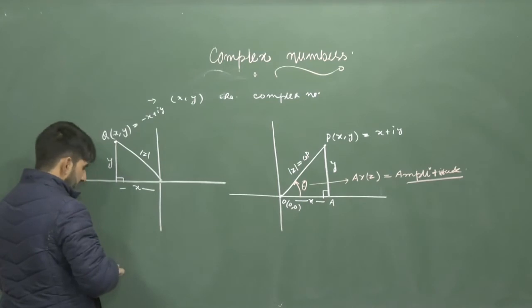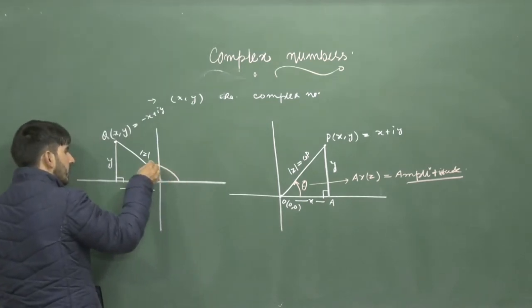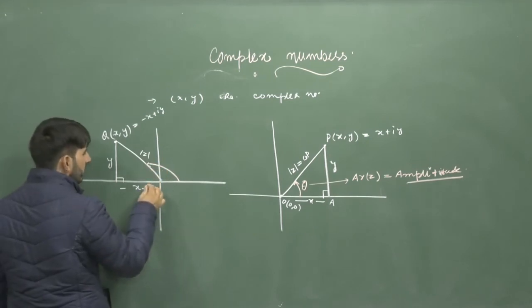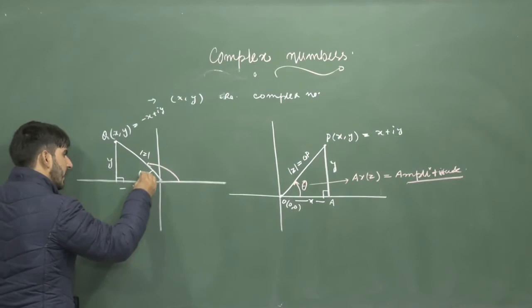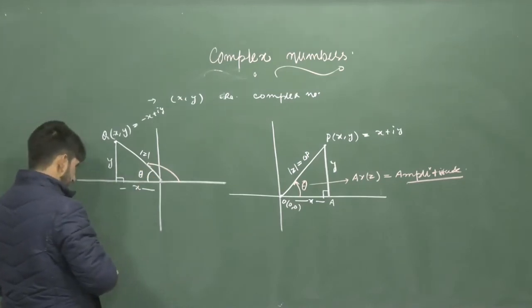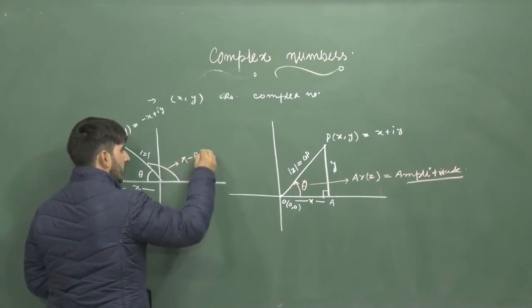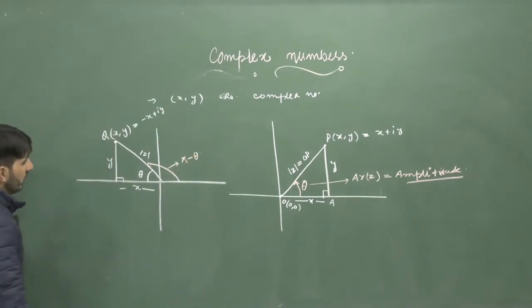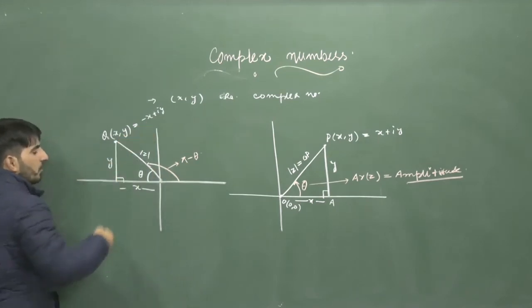If this angle is theta, then this angle is pi minus theta. Thus, pi minus theta is the argument of this complex number.